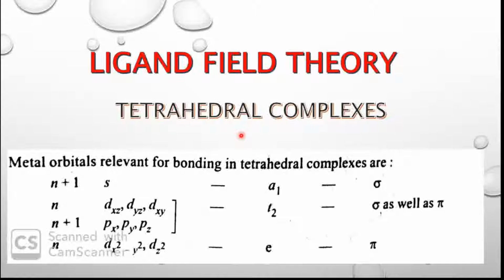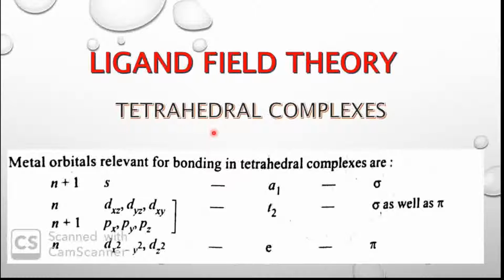Volumes are there, but for CSIR NET, GATE and various competitive examinations like the MSc entrance examination, and even in universities, you will not require the detailed molecular orbital diagram of tetrahedral complexes, because it is not possible actually.